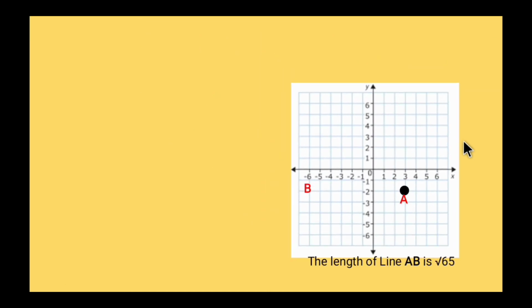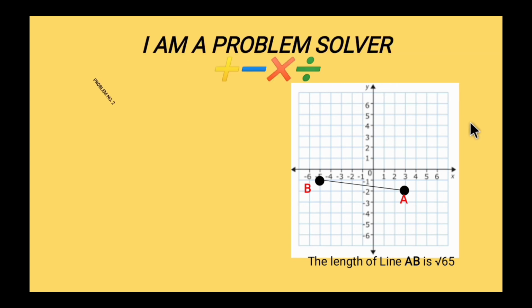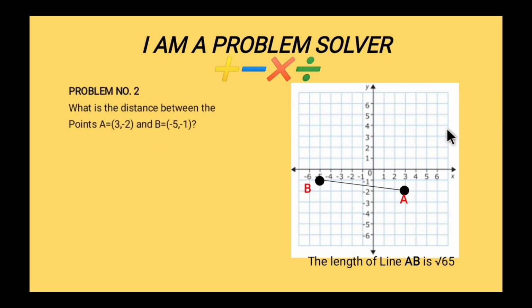So we have point A and point B. So next, I am the problem solver segment ulit tayo. So problem number 2. What is the distance between the points A such as 3 and negative 2 and point B that consists of negative 5 and negative 1?